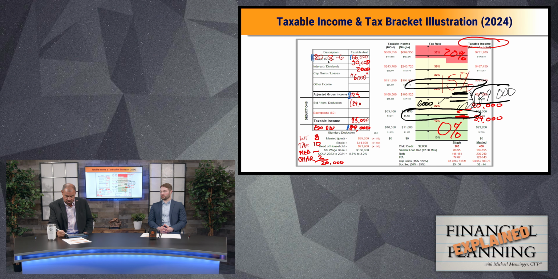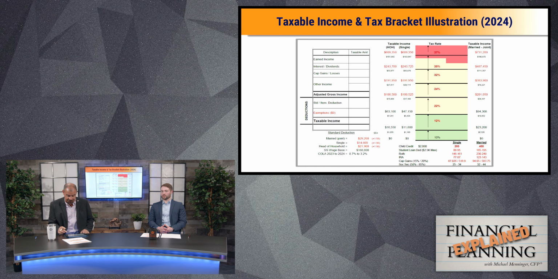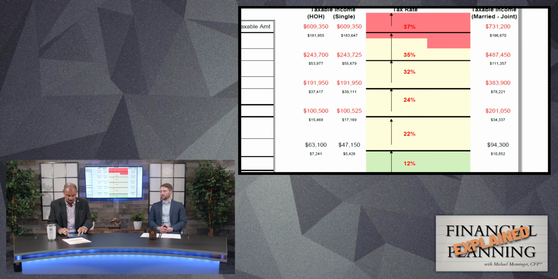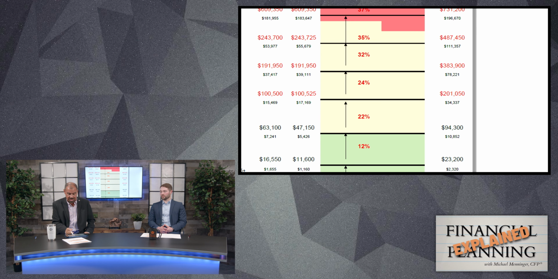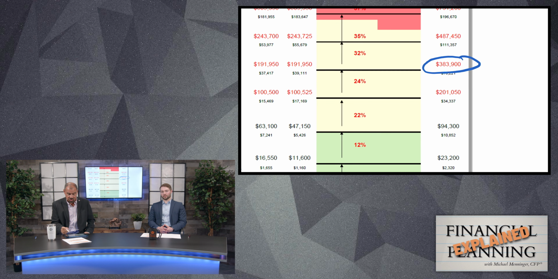So what we find ourselves doing a lot of is, as we talked about with the different tax buckets, I'm going to go back to the 24 tax brackets. This is a big mess here. If you look at this, you don't hit the higher tax brackets until you hit 383,000 before you break out of the 24% tax bracket and hit 32.